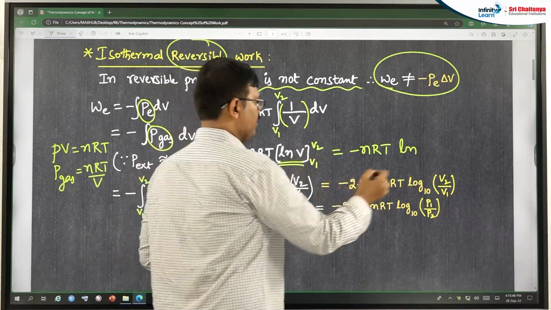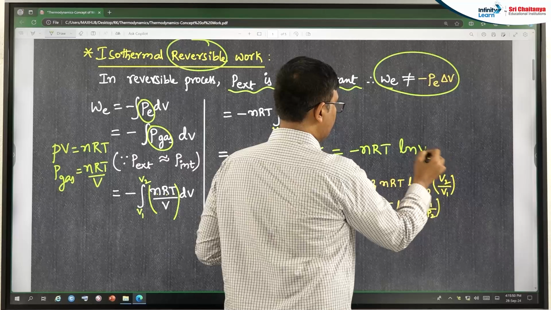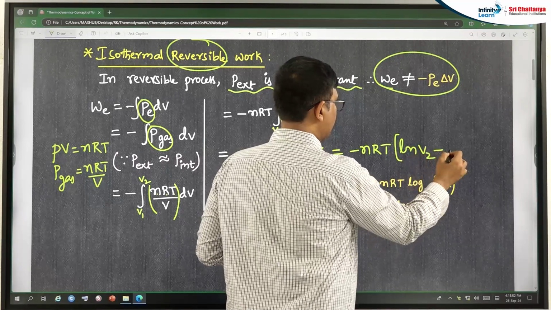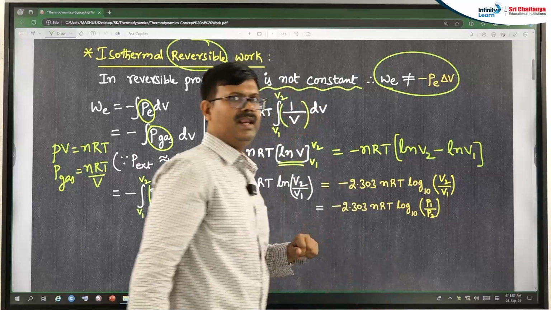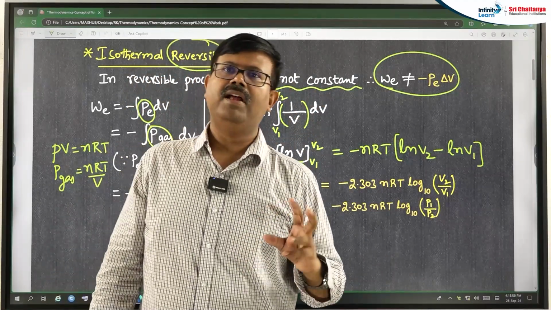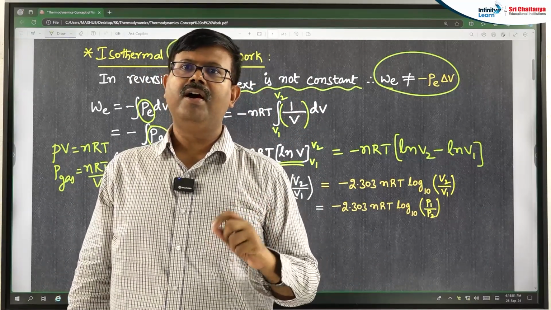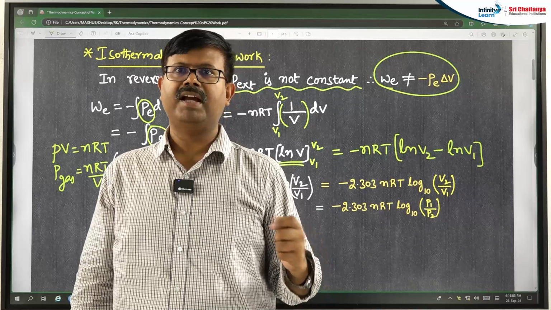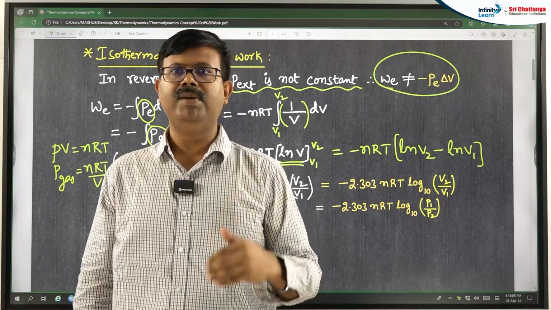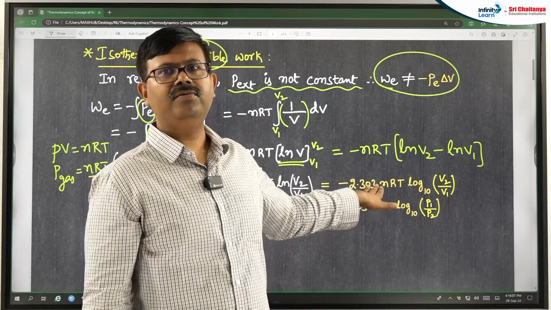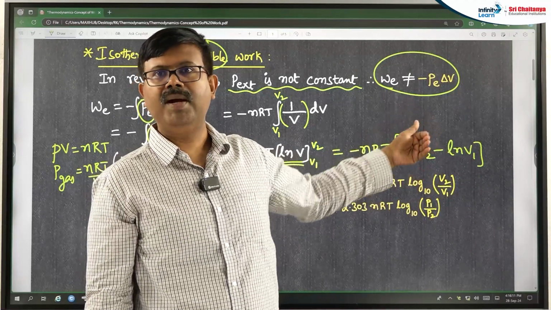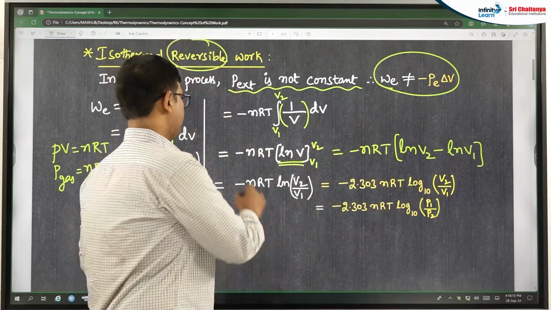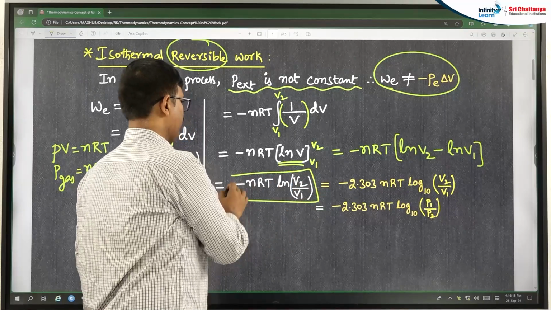That means when we substitute V2, ln V2, minus when we substitute V1, ln V1. Now, in logarithms there is a rule: log A minus log B can be written as log A by B. So, ln V2 minus ln V1 can be written as ln V2 by V1.